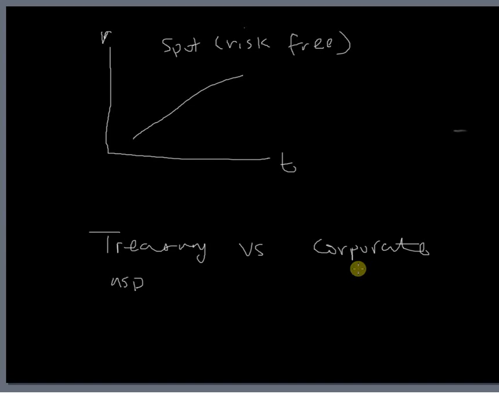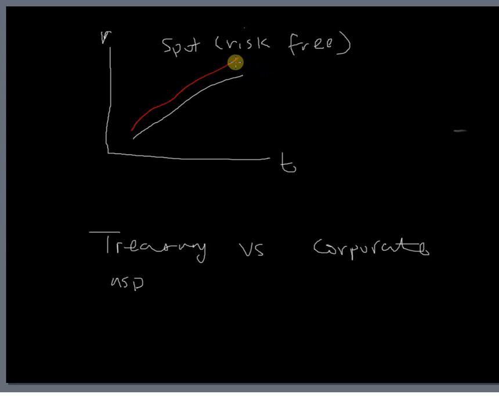So when we compare corporate issued bonds versus treasury bonds, there has to be a certain element of riskiness to corporate issued bonds. So when we draw a yield curve for a corporate bond, it can be expected that the yields of corporates are higher than the yields of treasuries.